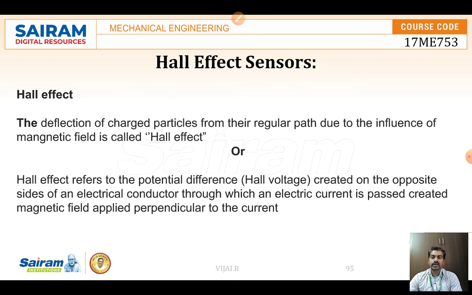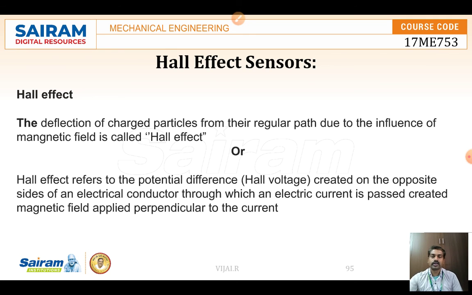So the deflection of charged particles from their regular path due to the influence of a magnetic field is called the Hall effect. So this sensor is called a Hall effect sensor. The flow of charged particles changes due to the influence of the magnetic field. So a potential difference is created on the opposite sides of the electrical conductor through which the current is passed.